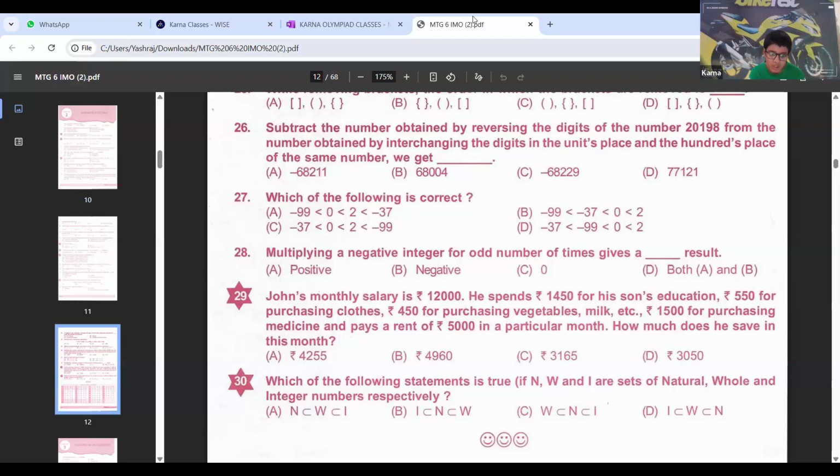How much does he save in this month? Ma'am, you need to subtract all the numbers from 12,000, then you'll get the answer. Then solve it. Yes, ma'am. Just give me 2 minutes.